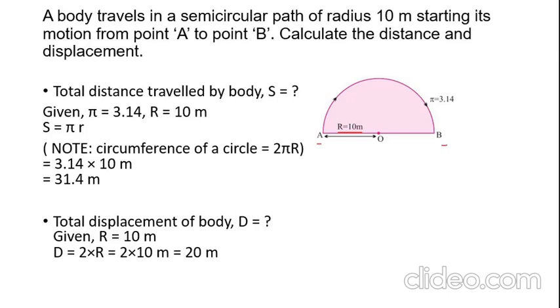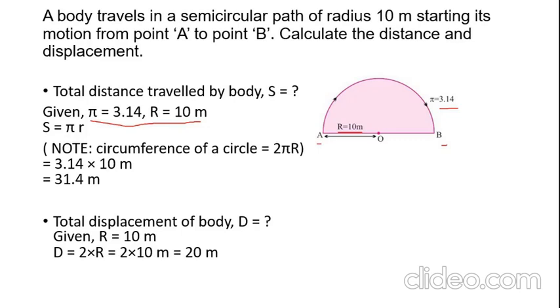This is your question. So what are all your given values? Look at your diagram. Now you have to write the given values like this. Pi is given in your diagram itself, 3.14. R, the radius of this path, is 10 meters.